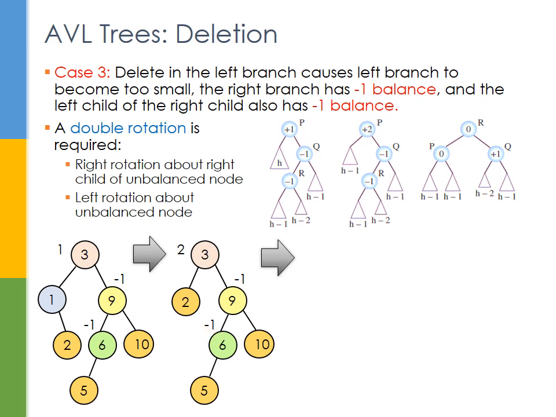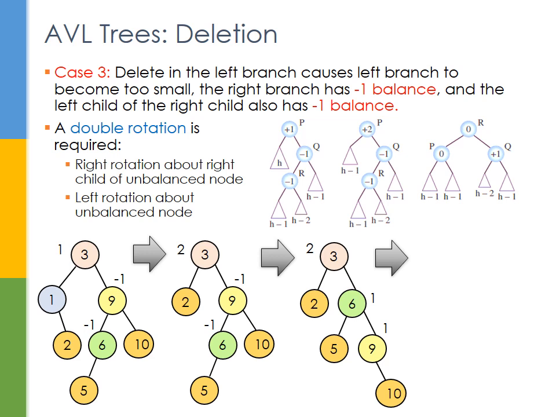This indicates that we're dealing with a case 3 deletion, so now we need to perform a right rotation around the right child of the unbalanced node. So this is the right child of the unbalanced node, and we now need to perform a right rotation around that, so we are rotating node 6 about node 9.